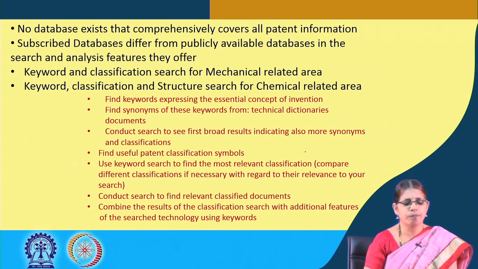Identifying the synonyms from various ways of using dictionaries or related data. Conducting the search first to understand the broad results and then narrowing down the search is important. The use of patent classification symbols is necessary to look for inventions in a particular area. There is an efficient way of combining keyword and classification in order to get very relevant hits in relation to the invention.